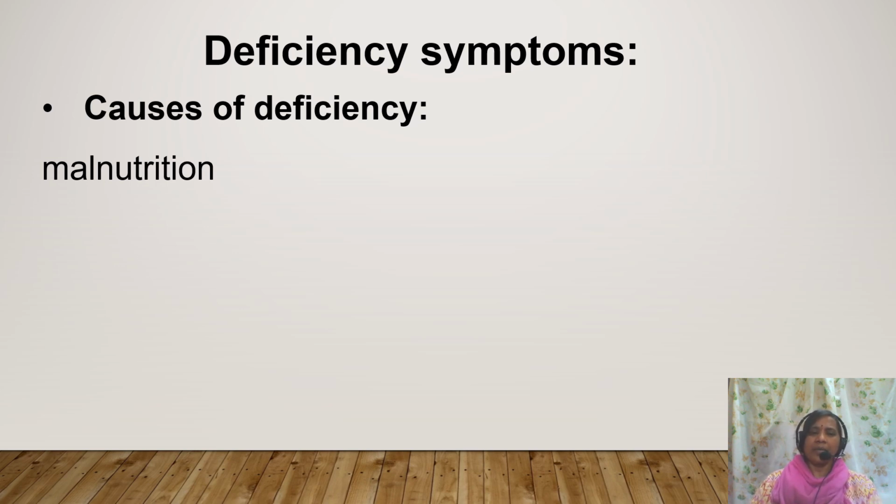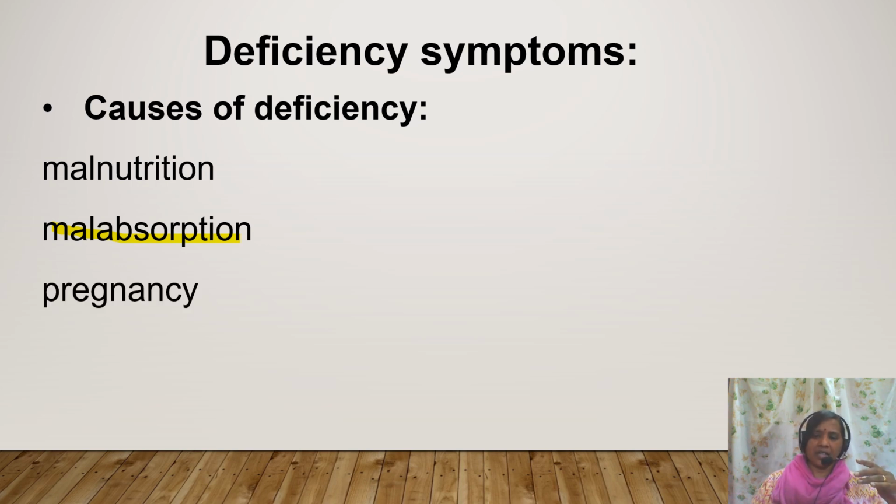When a person is not consuming an adequate amount of the diet containing these vitamins, deficiency is observed. The other reason can be malabsorption. Though you are consuming food containing these vitamins, if it is not absorbed properly, deficiency can be seen. Then in the case of pregnant women, this deficiency is generally observed.